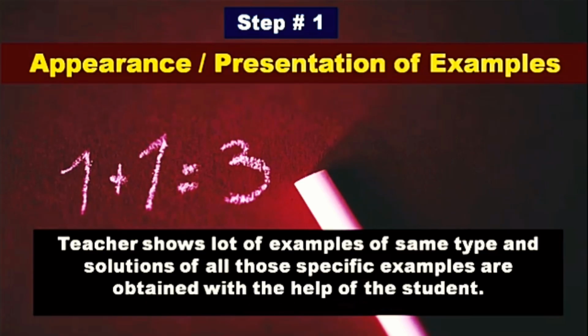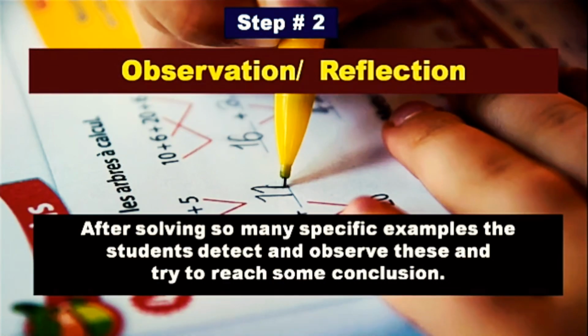Step number 1, appearance or presentation of examples. Here, the teacher shows a lot of examples of the same type, and solutions of all those specific examples are obtained with the help of the students. Step number 2, observation or reflection. After solving so many specific examples, the students observe these and try to reach some conclusions.